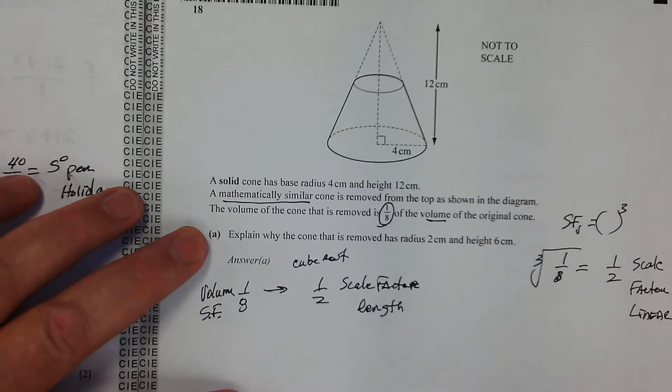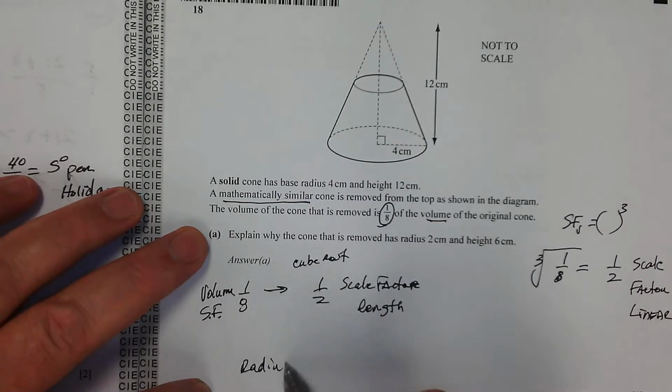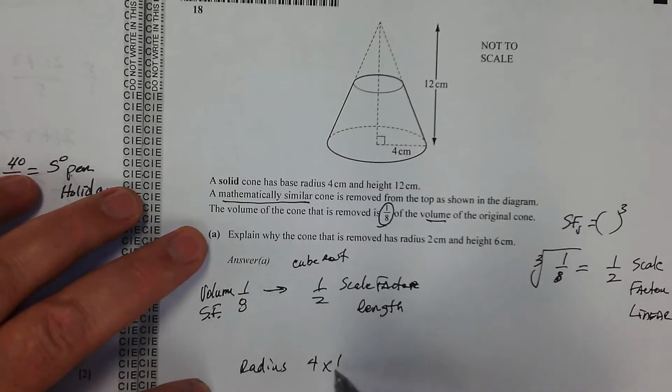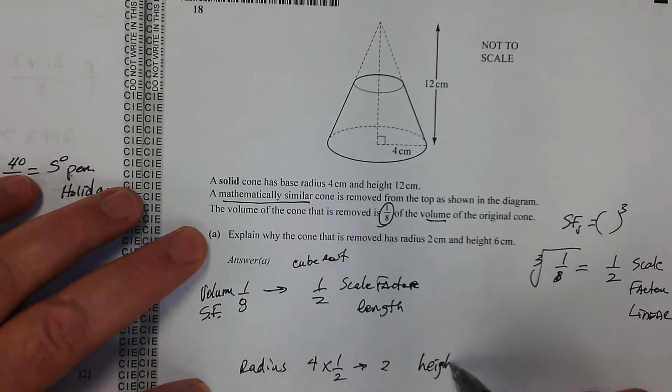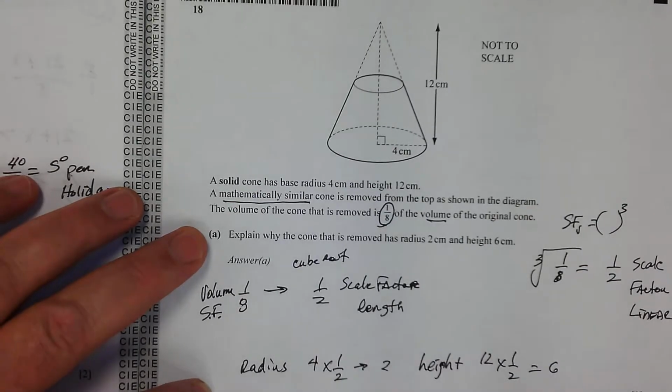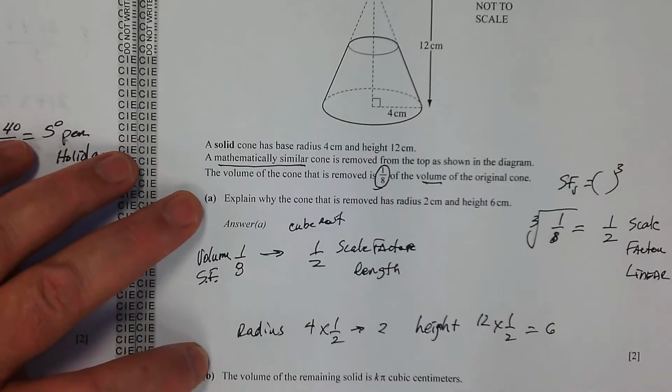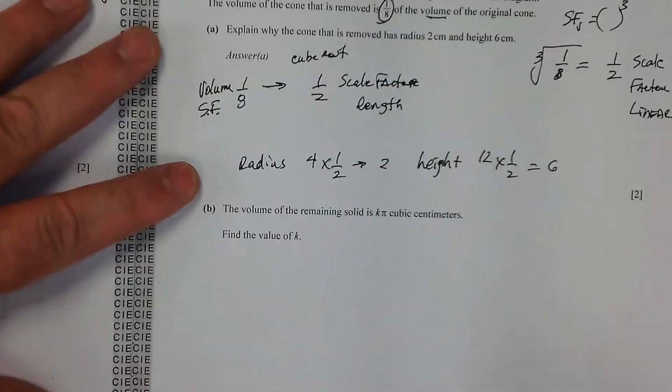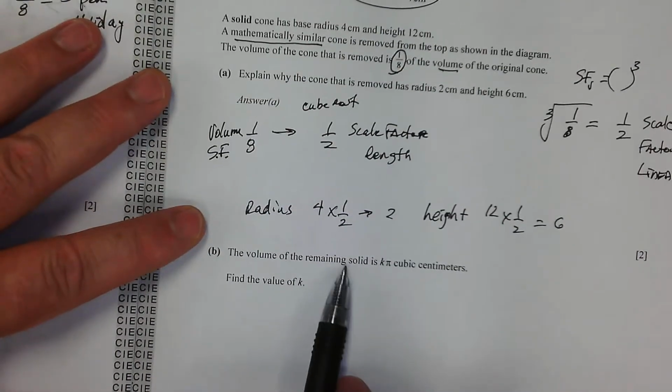So the radius is 4 times 1/2, which gives you 2, and the height, which was 12 times 1/2, gives you 6. So I think that's a sufficient explanation.